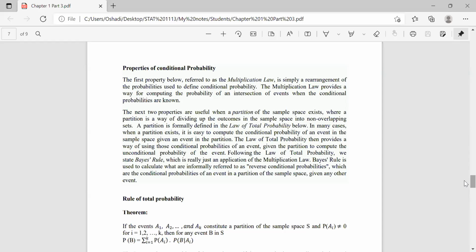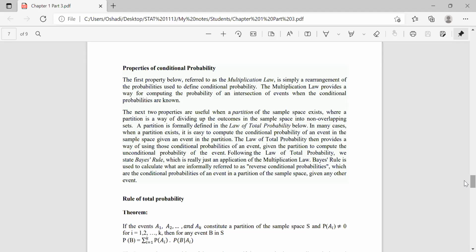That means when the sample space has been partitioned into some groups, right? So when there is a partition in the sample space, and there is an event given, and also the conditional probability is given, that means given the partition, the probability of another event occurring, that is the conditional probability.